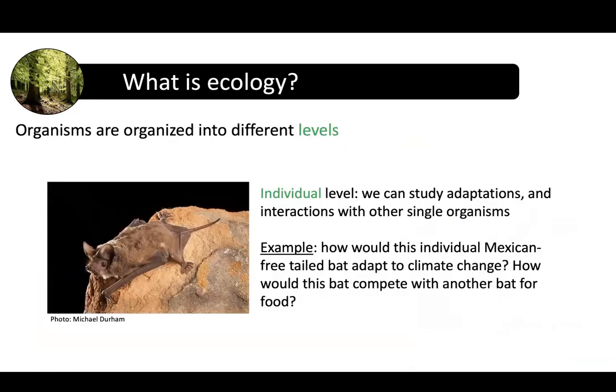And to get into these individually, on the individual level, we can study adaptations or features arising by natural selection that indicate the organism is changing with their environment or some other factor. For example, we can ask, how would this individual Mexican free-tailed bat adapt to climate change? How would this bat compete with another bat for food?